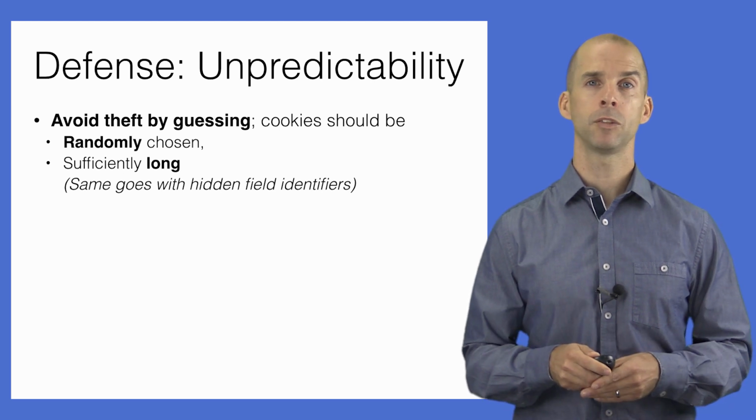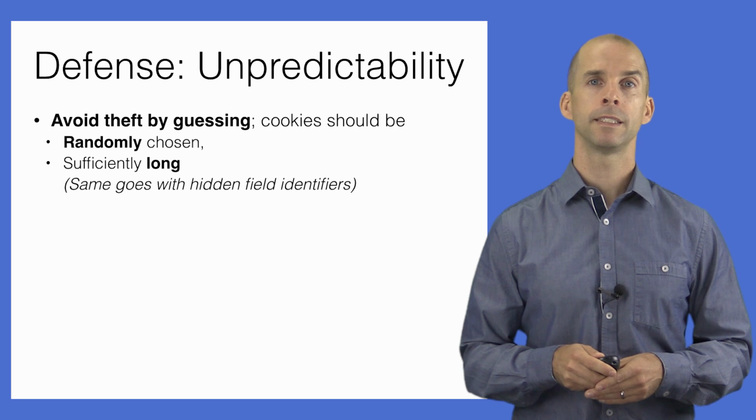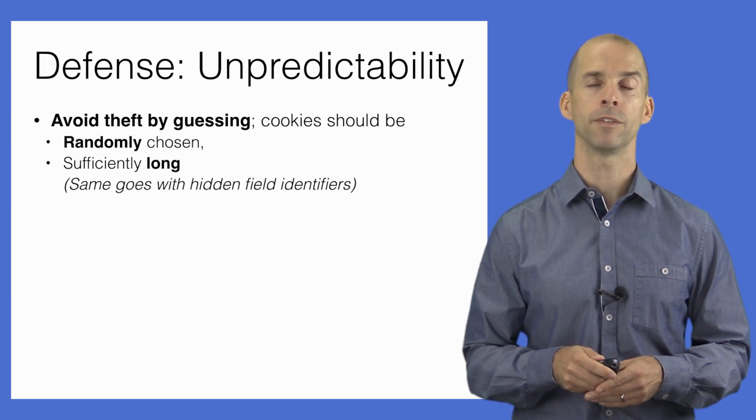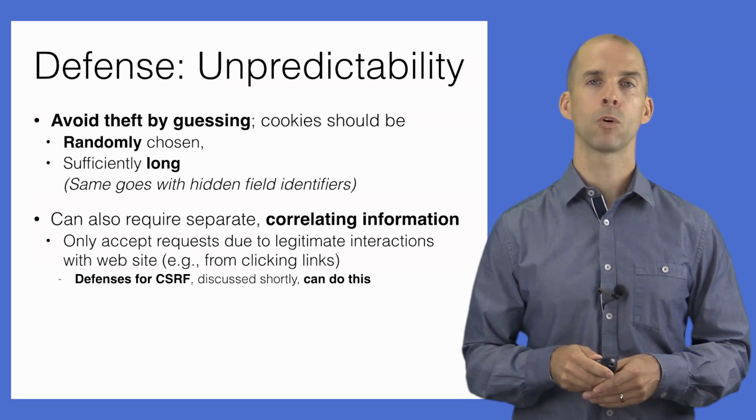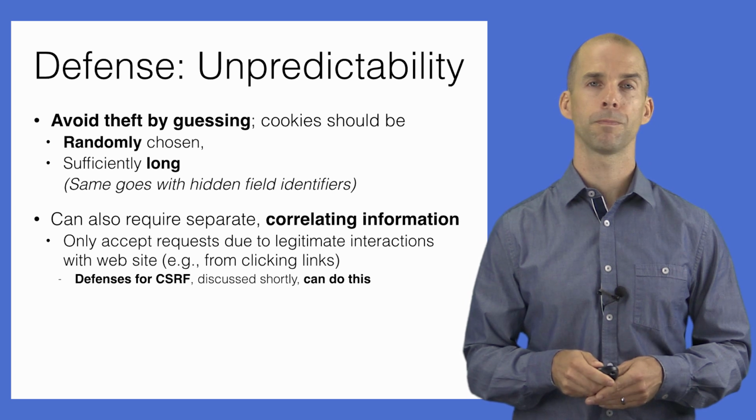Now, if, despite these protections, a cookie is stolen, session hijacking can be further defended against by not using only cookies to identify a user session. Instead, you can build your application to require correlating information on the site that identifies a user's current interaction.